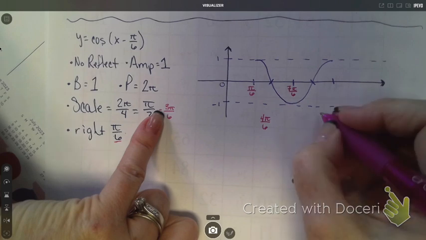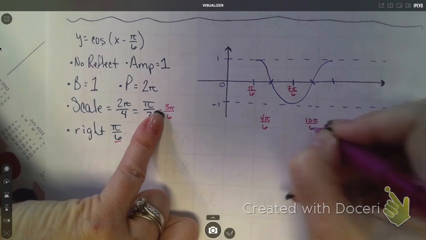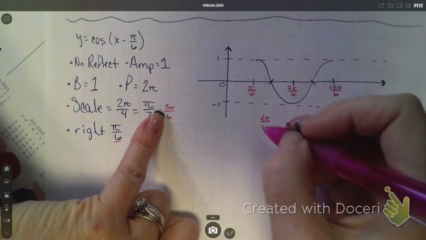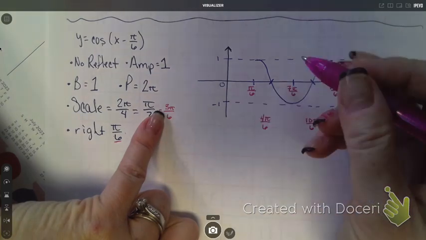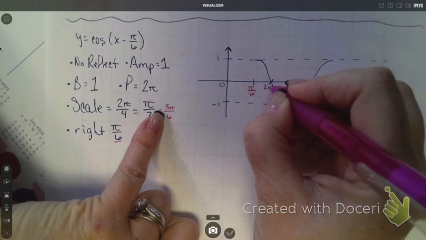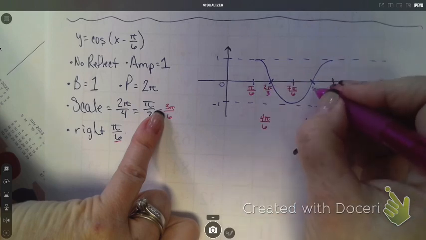And then 10 pi over 6. And that way we could just do it evenly and then go back and reduce, right? So I get, what, 2 pi over 3? And 5 pi over 3.